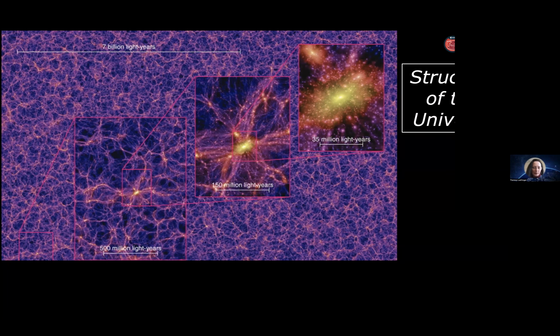And what you see here are the really huge scales we are facing when we have a look at the universe. The white bar here reflects 500 million light years, so 500 million times the distance light travels in the time scale of a year. Then you have 150 million light years when you zoom in again, and there again, 35 million light years on the top left.